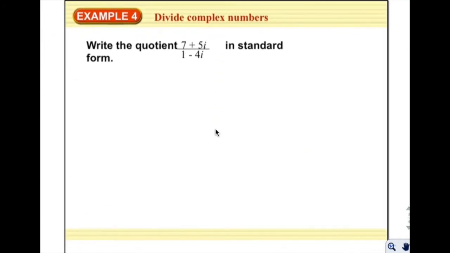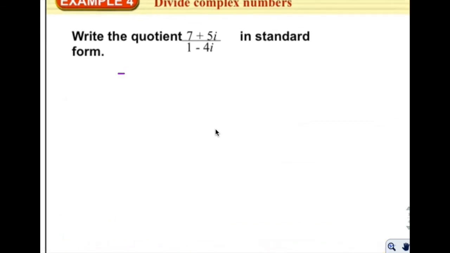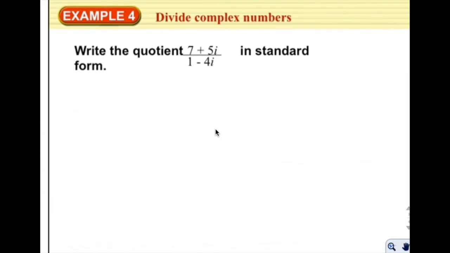Example 4 is a little different because it says write the quotient in standard form, which means I need to do the division, and I need to figure it all out in standard form with the complex number i. So my problem is 7 plus 5i over 1 minus 4i. Now, we can go over this in class more, but I just need you to trust me on this one.